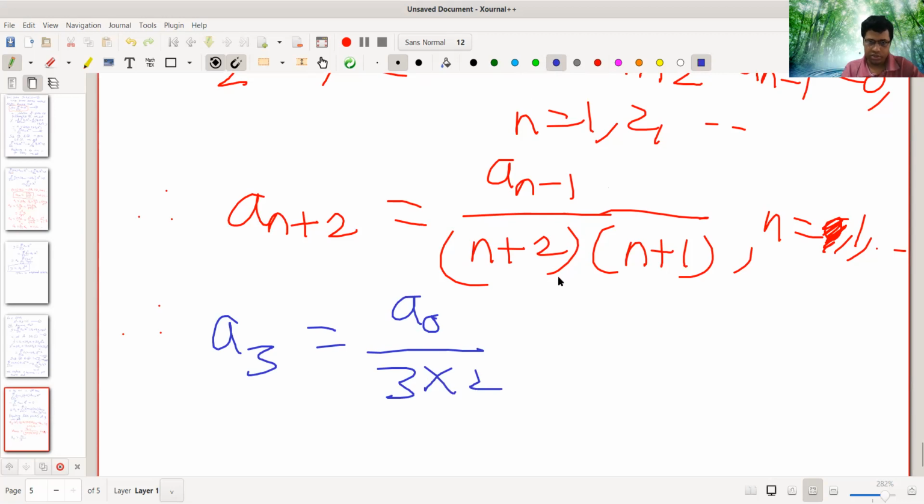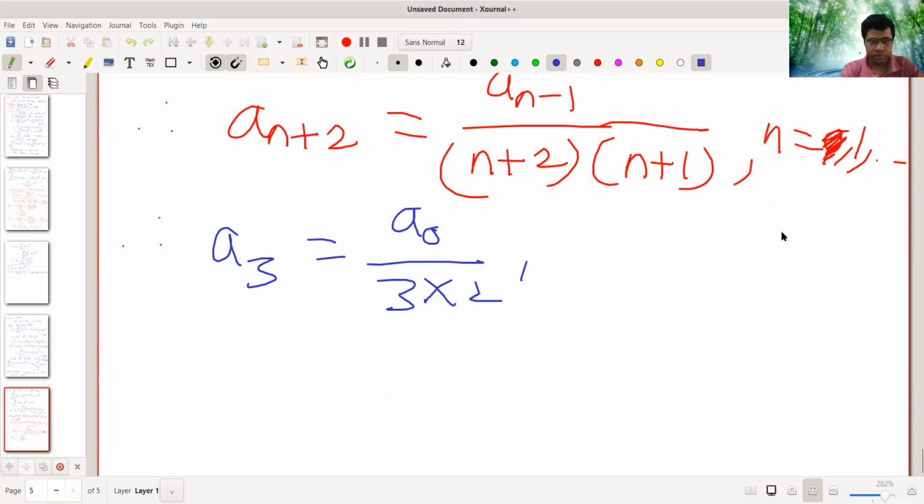Okay. Now we substitute n equal to 2, so that a4 is a1 divided by 4 into 3.